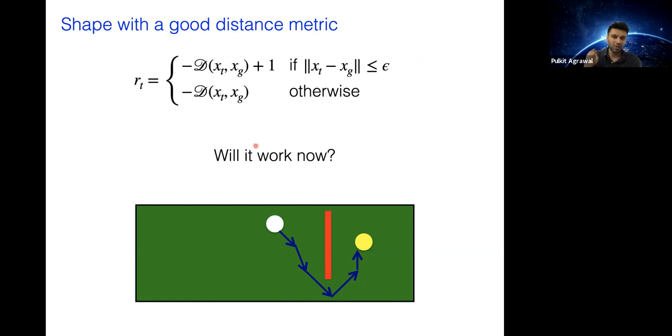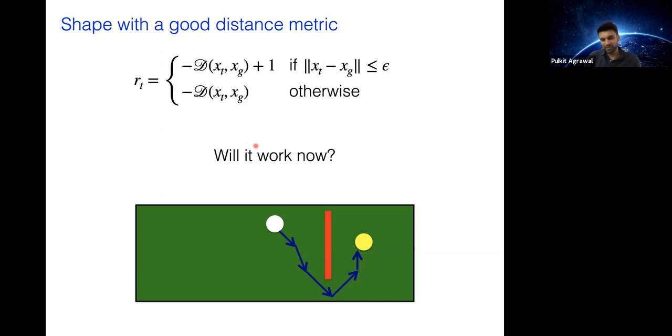But now we needed to come up with this good distance metric, right? Somehow I need to know in advance, as a problem designer, what the good distance metric is. This is not straightforward in many scenarios. In the wall scenario, it is somewhat straightforward.